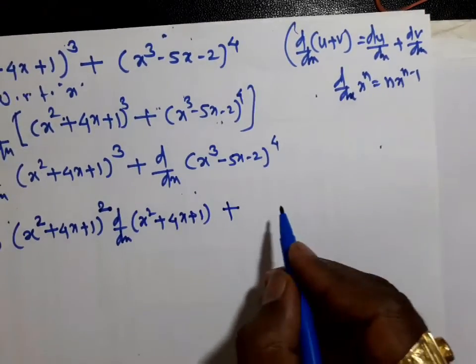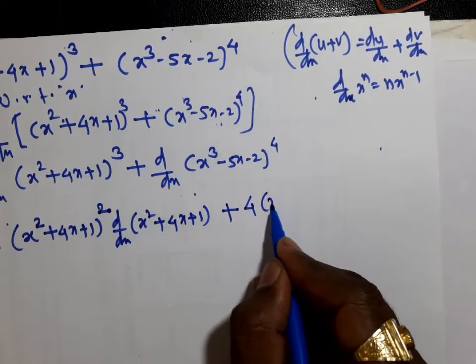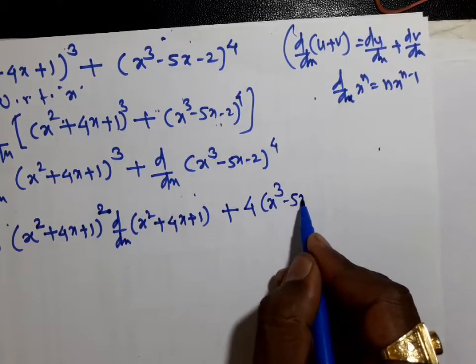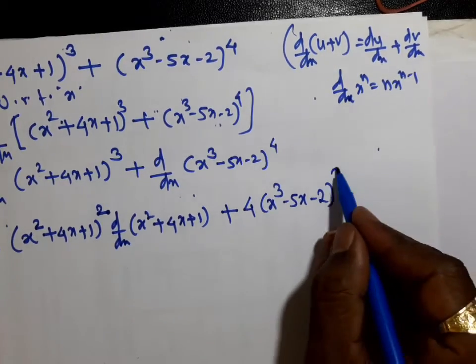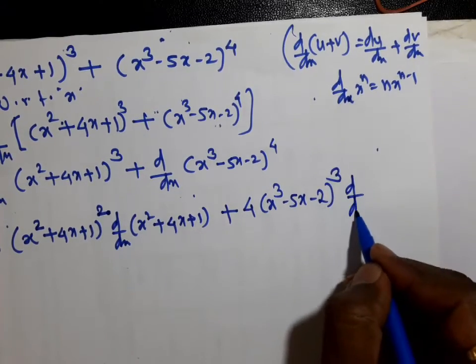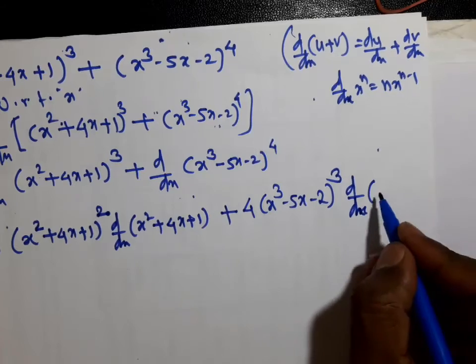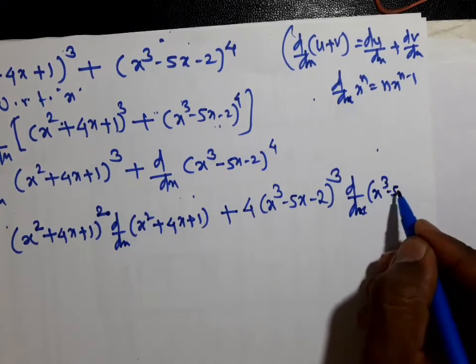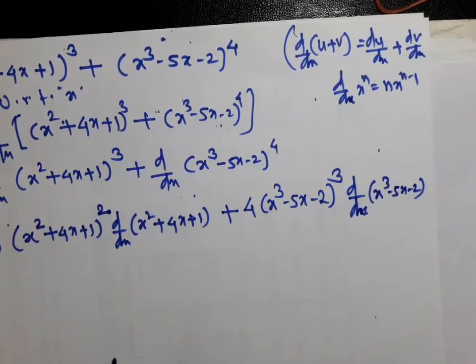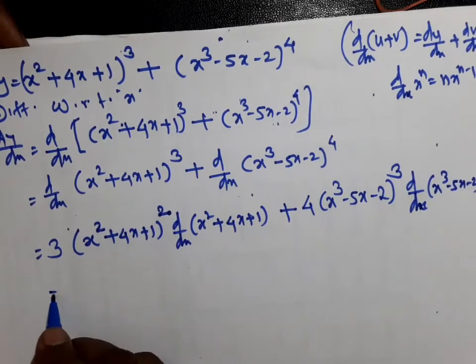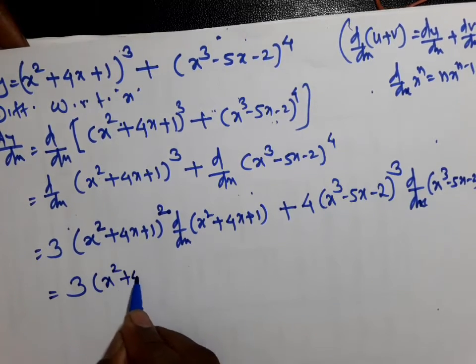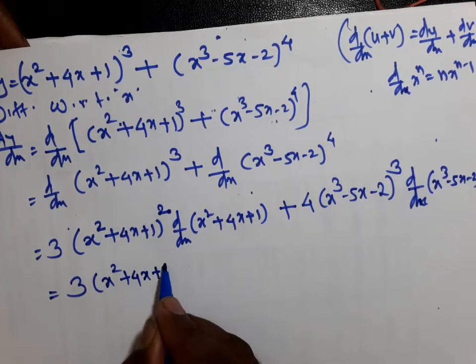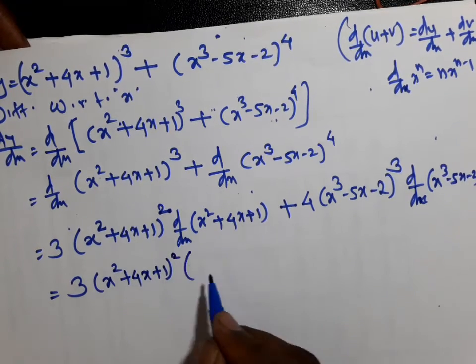Plus 4 (x³ − 5x − 2), 4 minus 1 is 3, multiply by the derivative of the bracketed term x³ − 5x − 2. So then 3(x² + 4x + 1) raised to 2 inside the bracket.